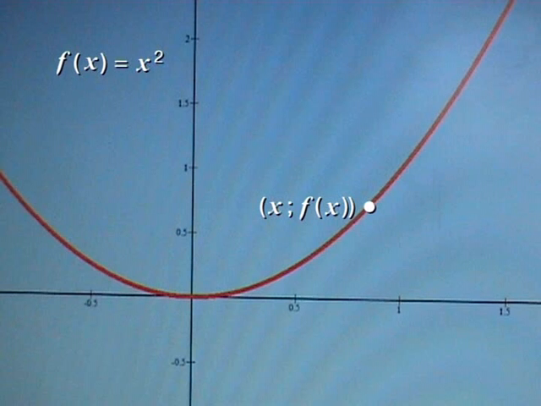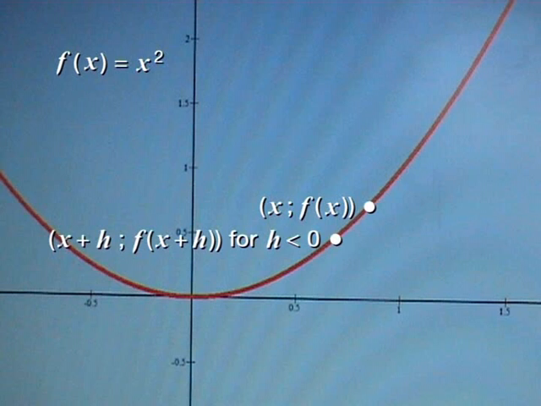We realized this was the average gradient between the 2 points for any value of h. When h is negative, the point x plus h, f at x plus h, will lie to the left of x, f at x, and for h positive, the point will lie to the right of x, f at x.